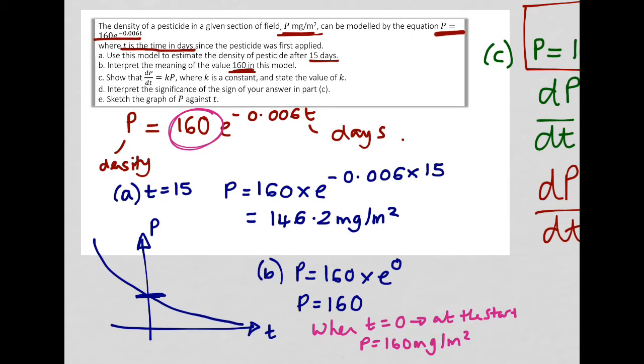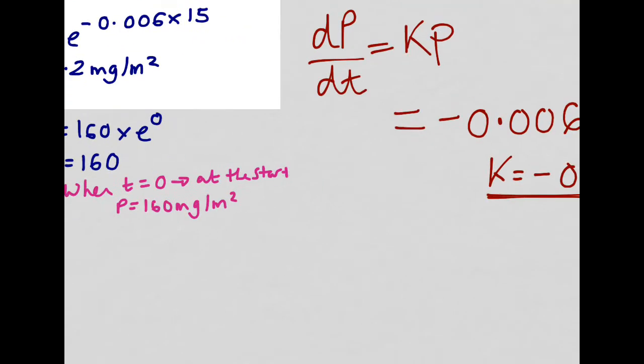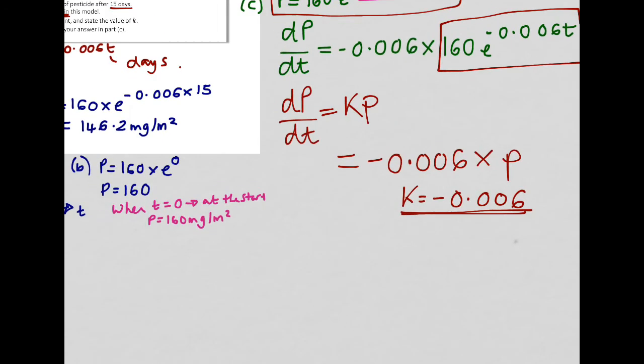D, interpret the significance of the sign of your answer. So I'm interested in the sign, that's the bit that's important, of your answer in part C. If I go to part C, I am multiplying my p value, which is here, by a negative number.